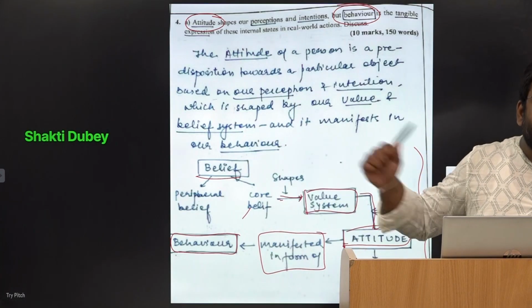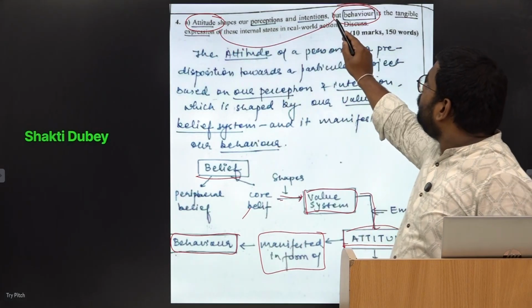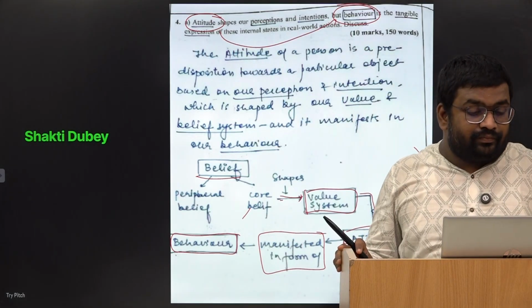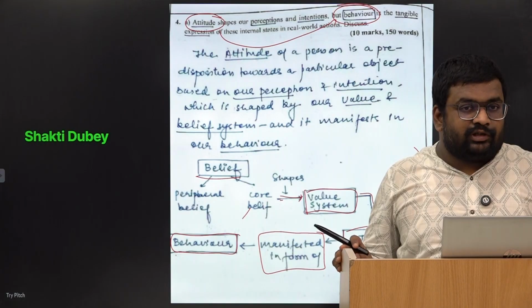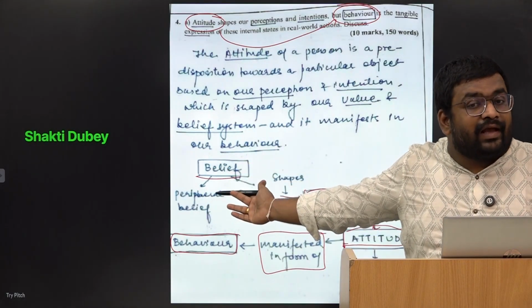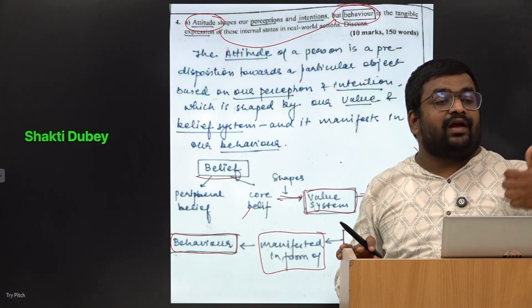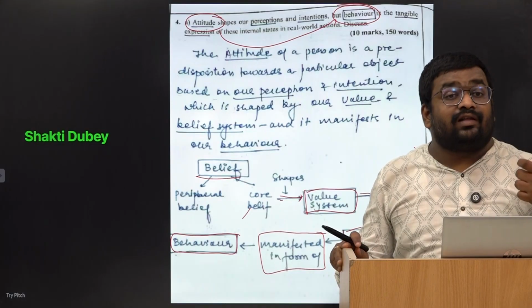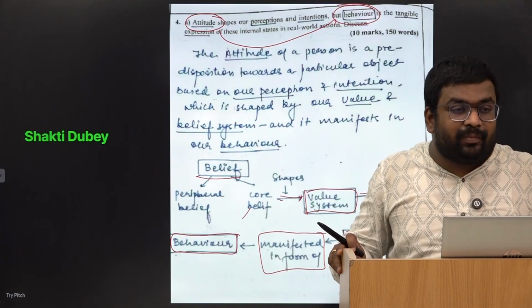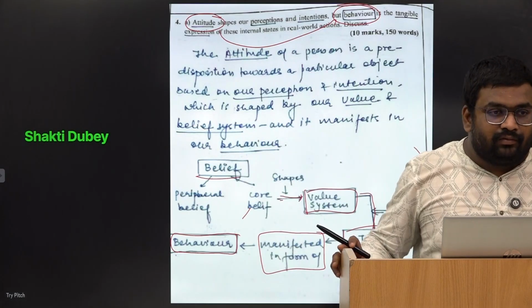So this is how you clearly establish the interlinking between the concepts that have been asked in the questions. When the evaluator sees such diagrams establishing the interlinking, he will automatically understand the content depth and the conceptual clarity that the candidate possesses. Without conceptual clarity, you can't draw this kind of diagram.